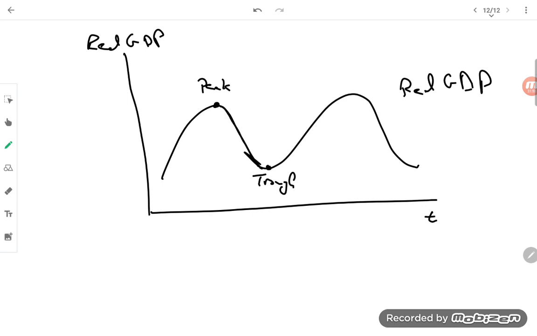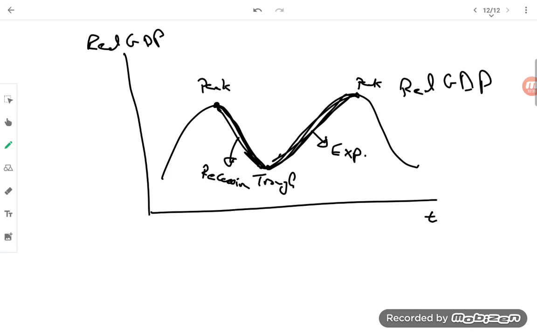This is the interval between peak and trough. So this is decreasing, which is recession. This is the peak. And this is the interval between trough and peak. This is increasing, so this is expansion. So the interval between peak and trough is recession, and between trough and peak is expansion. Okay.